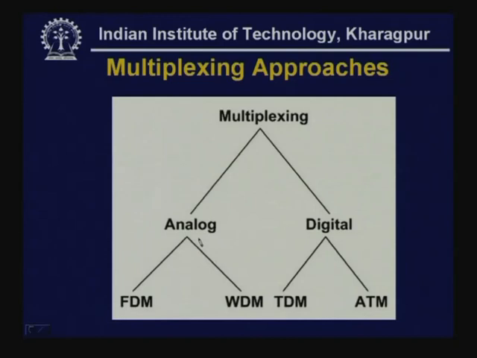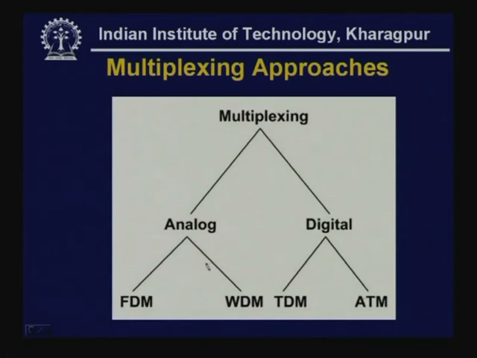Now, so far as frequency division multiplexing is concerned, as we shall see, we use analog signaling. That means we generate signal by using FDM and WDM techniques, and analog signaling is used in these two different techniques, FDM and WDM, and as we shall see, time division multiplexing is done by using digital signaling, and that is why it is called TDM, and ATM stands for asynchronous time division multiplexing.